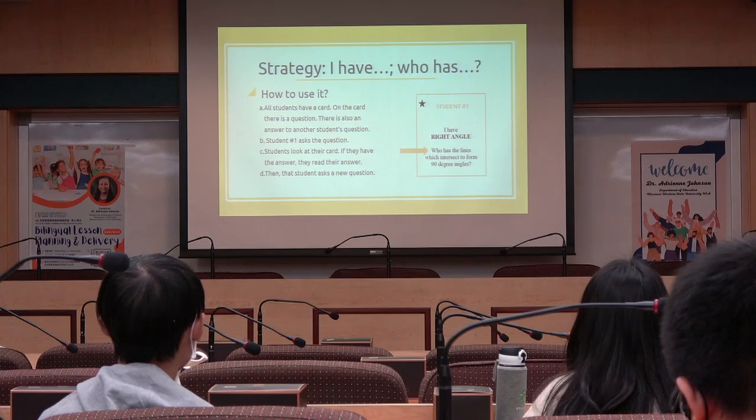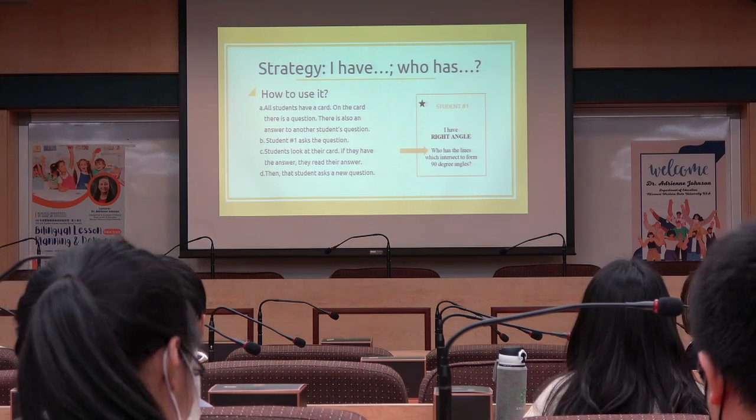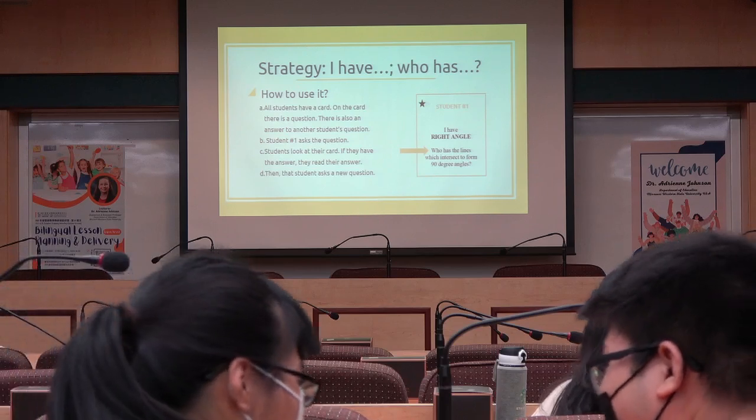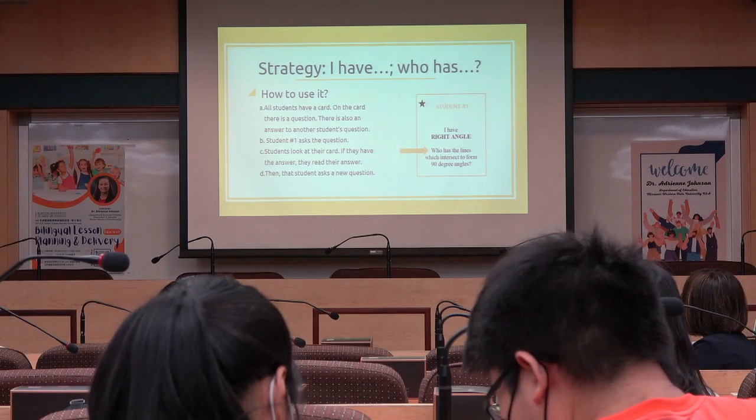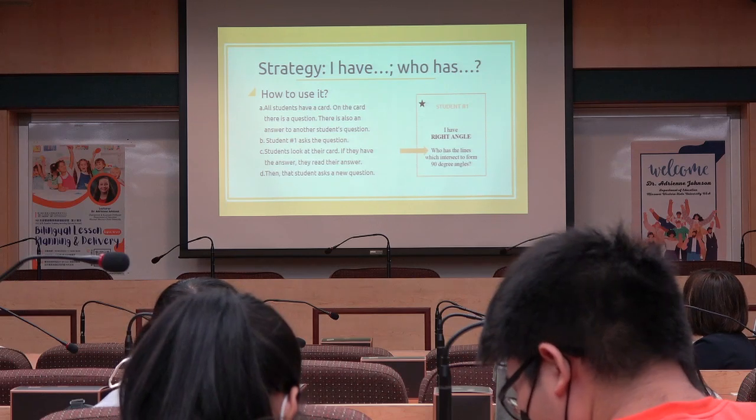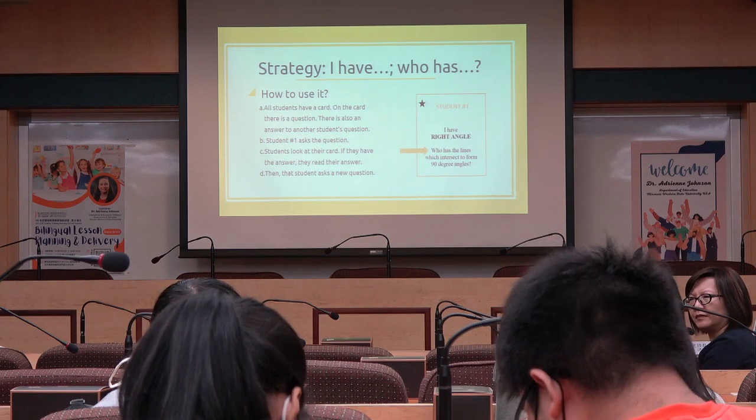Who has lines which intersect to form a 90-degree angle? What's the answer to that question? What is lines that intersect to form a 90-degree angle? What's that called?